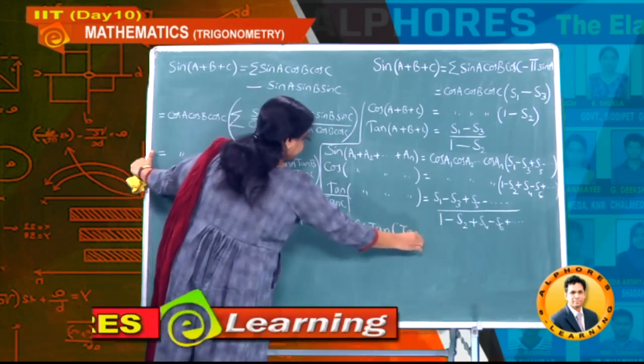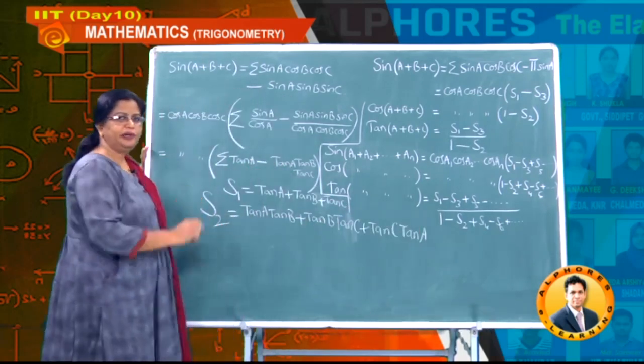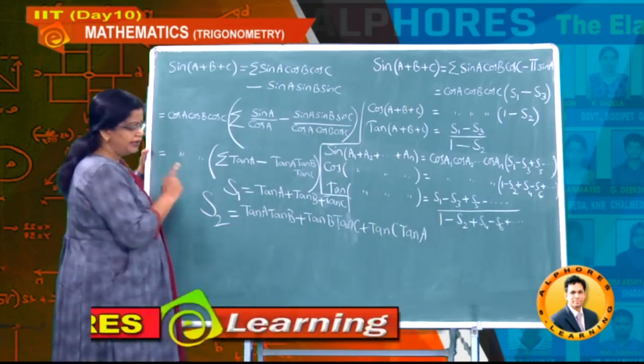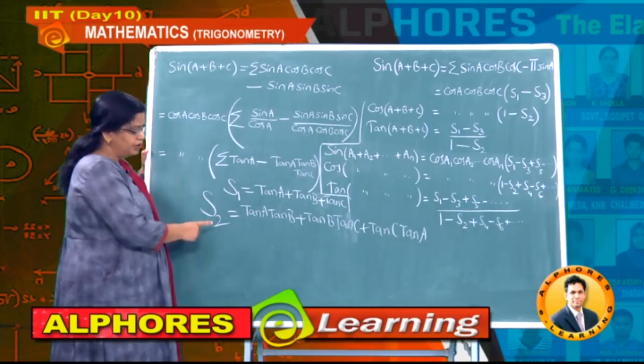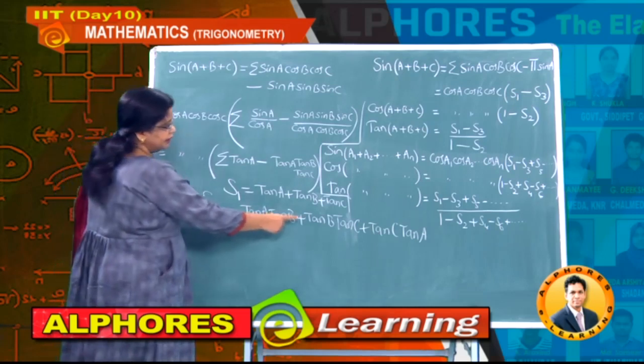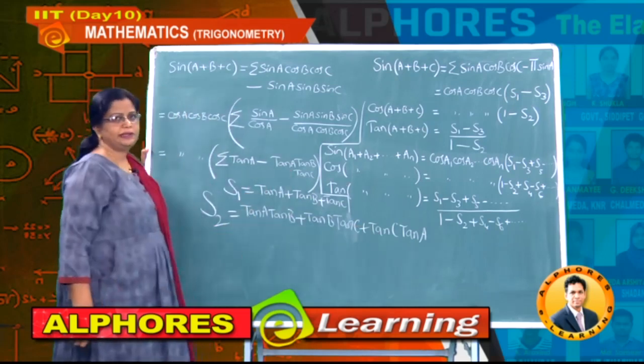Understand students? So, this is known as sum of products of terms taking two at a time, which is represented by S2. S represents sum, 2 represents the two terms you are taking as a product, and in between them you are putting a plus symbol.